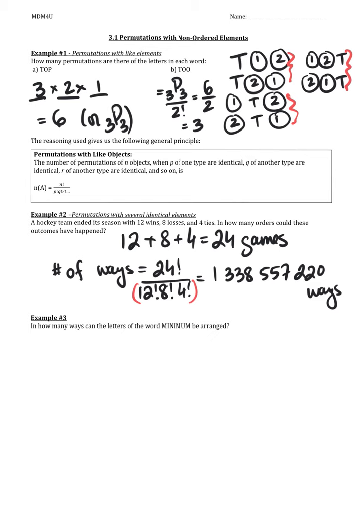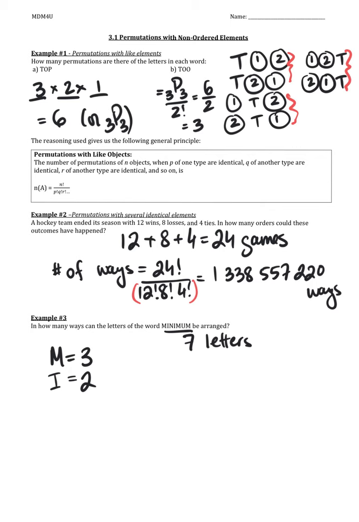Okay, for example 3, how many ways can the letters of the word minimum be arranged? Now notice in the word minimum, there are 7 letters, but we have some repetitions. So you have 3 M's and we have 2 I's. And so this is kind of similar to the example that we did with the double O's.